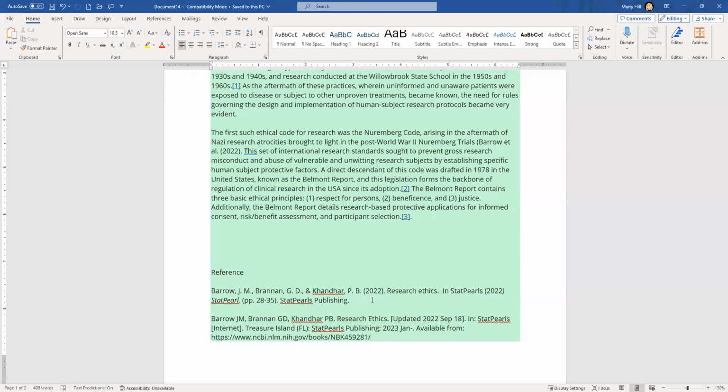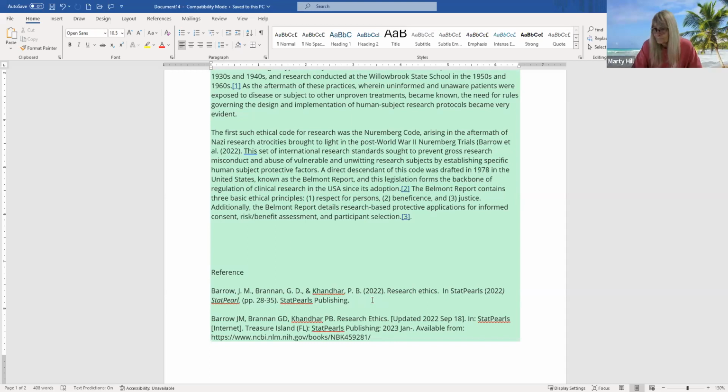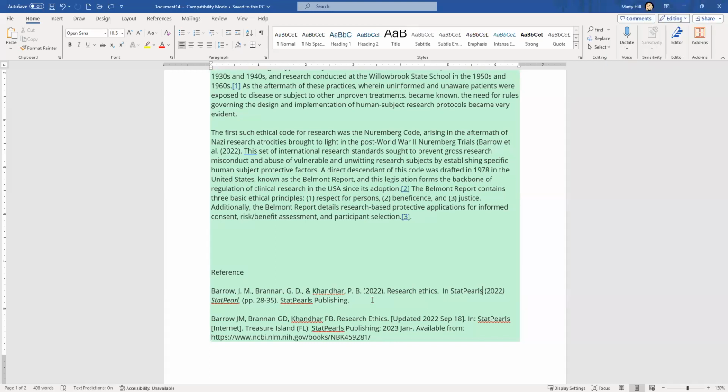Okay, so you put the name of the book after the name of the author. Yes. Let me change it. Okay, and then you put the page number between two brackets, pp. and the page number.